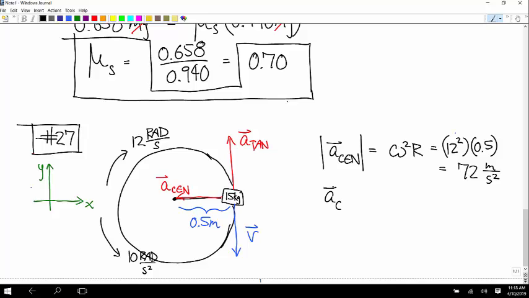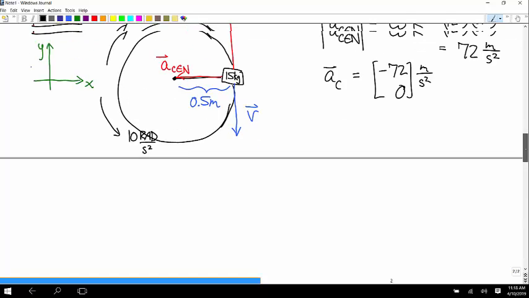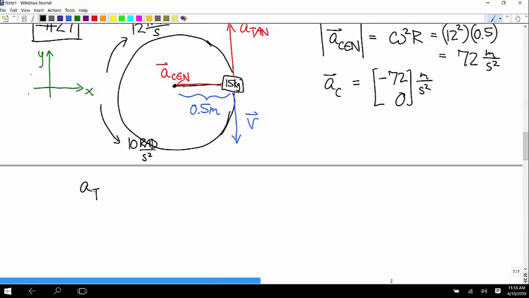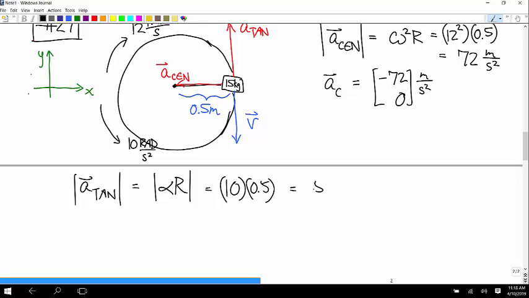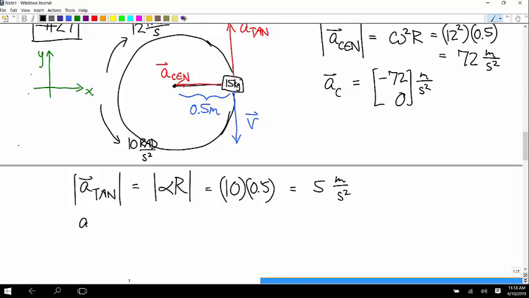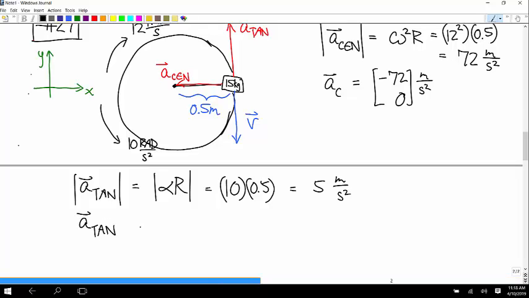Okay, so I got to rewrite some of this stuff. Centripetal acceleration is negative 72, 0. Magnitude of the tangential is 10 times 0.5, so 5 meters per second squared. That's in the positive y direction, so the tangential acceleration vector is 0, 5.